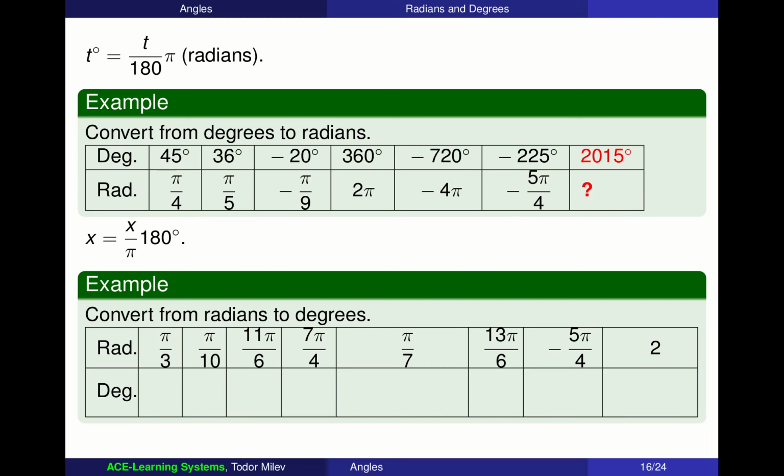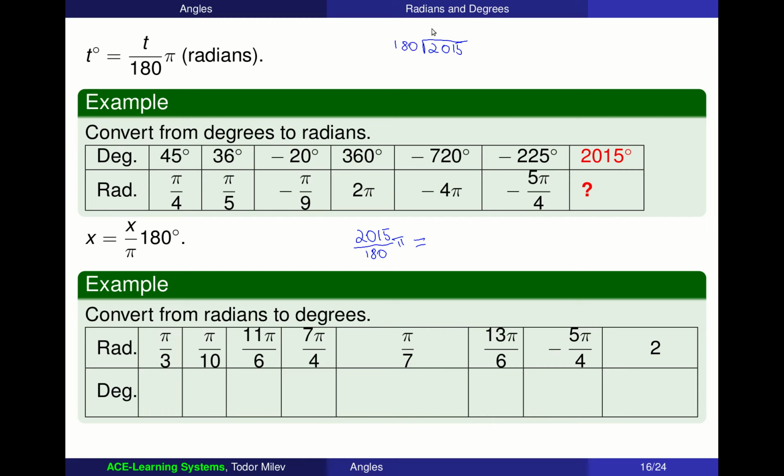2015 degrees. How many radians is that? Well, I guess we need to take 2015 and divide it by 180 and multiply that by pi, right? So I need to take 2015 divided by 180.